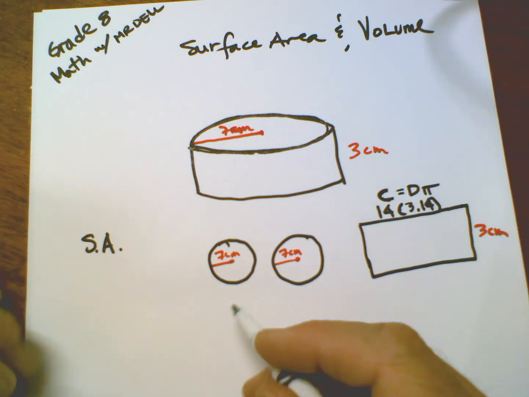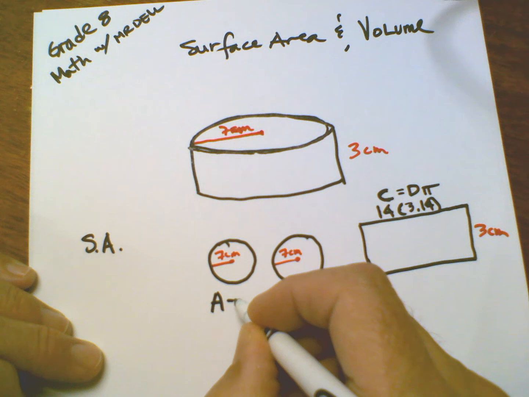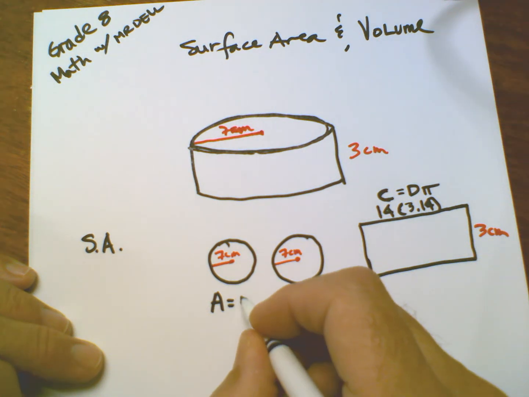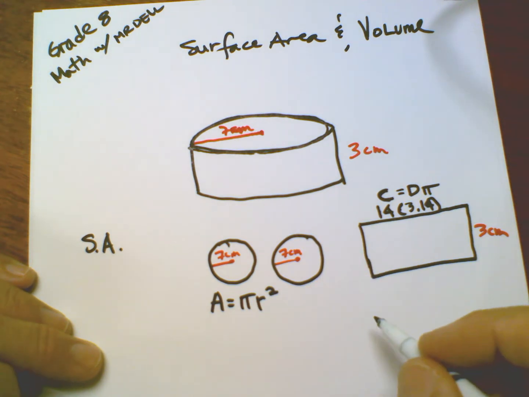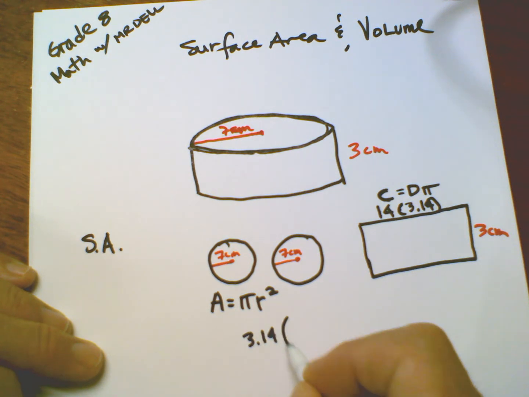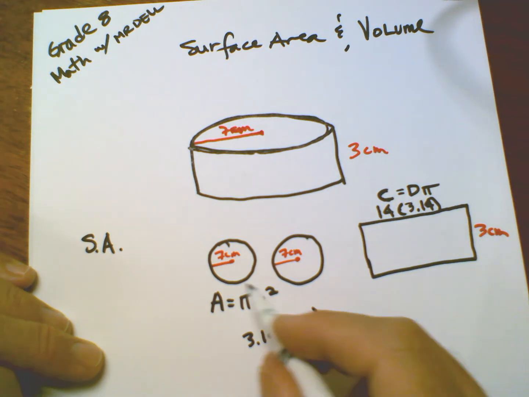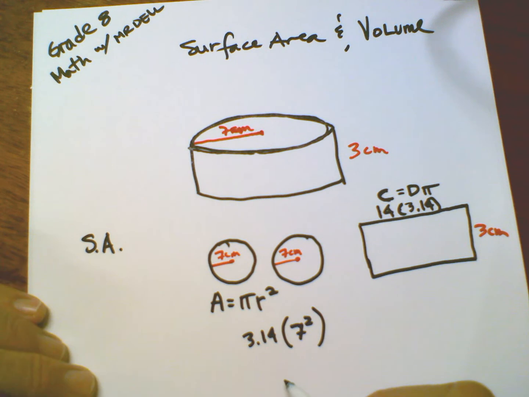The area of each of those circles: how do you find the area of one circle? Just as a reminder, the area of a circle is pi times the radius squared. So in both of these cases, it would be 3.14 times 7 squared, right? That's the area of one circle, and then I would just have to multiply that by 2.